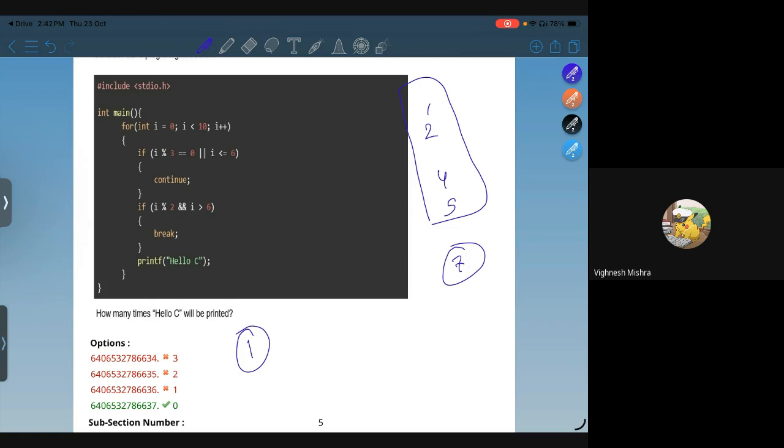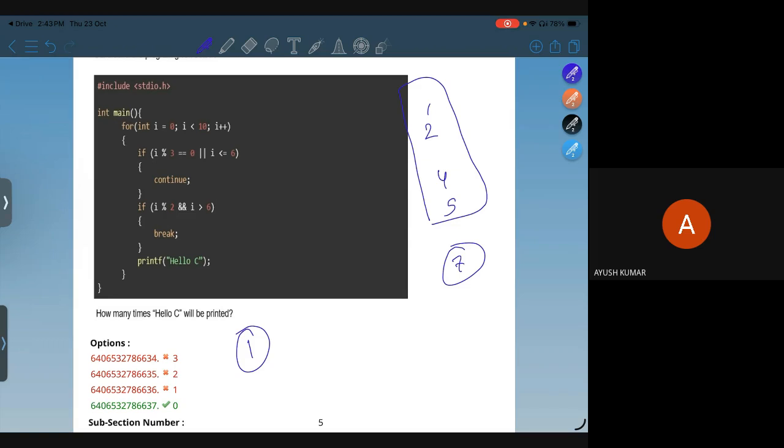Can someone try running this program? I'll try, give me a minute. Okay. Why have you circled 7?